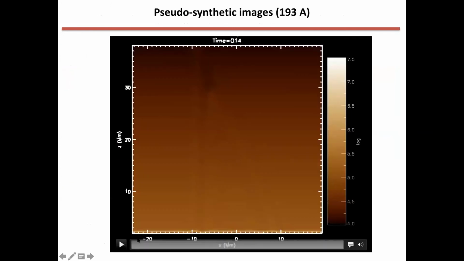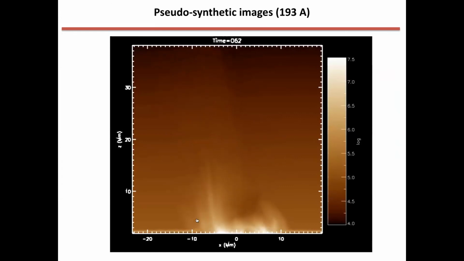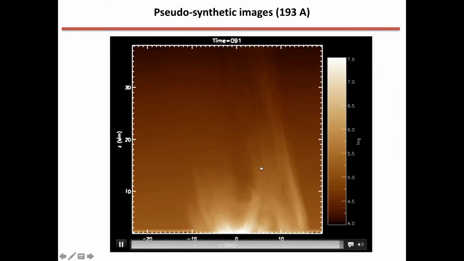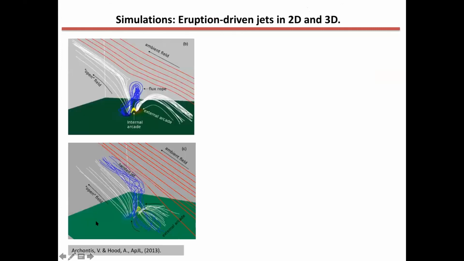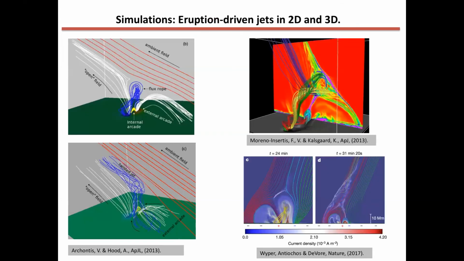Again, you can create pseudo-synthetic images. This is 193 Angstrom, where you can compare the simulations with observations. So this is one slide before the last one, and I just want to show you some of these simulations. This is 2013, and this is also 2013, I think just one month difference in the publication date between these two.